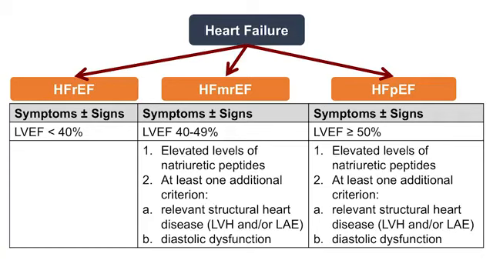So for the diagnosis we also need an elevated level of natriuretic peptides and at least one additional criterion: relevant structural heart disease with hypertrophy and/or left atrial enlargement, and diastolic dysfunction. So we have these 2 extremes, and all in the middle we call nowadays HFmrEF, heart failure with mid-range ejection fraction, as you can see in the middle part.